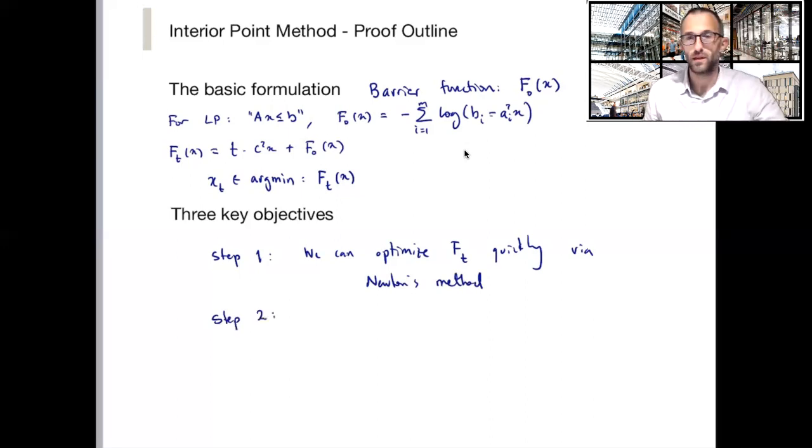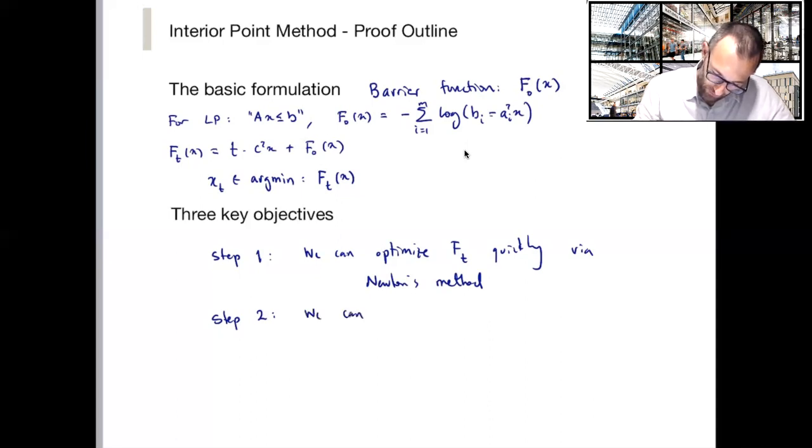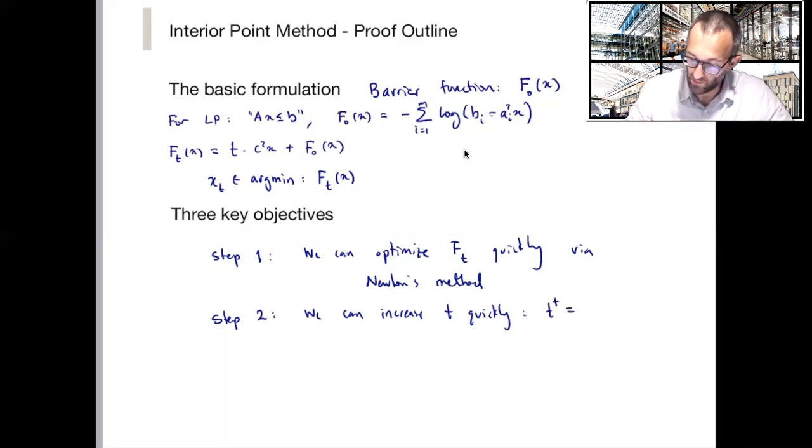Step 2 is to show that we can increase t quickly. And quickly here is going to mean at a geometric rate. So our update to t is going to be, we want it to be, some multiple that's bounded away from 1 times t.